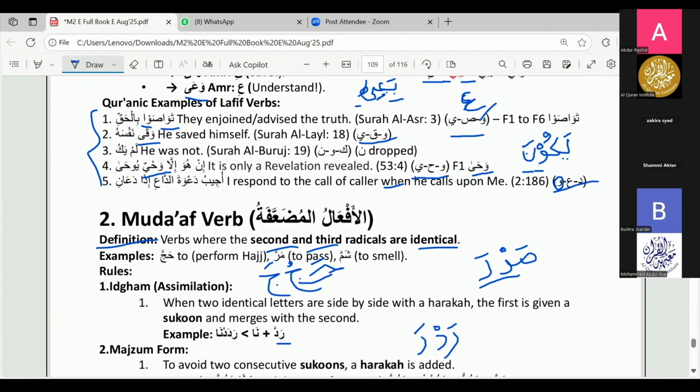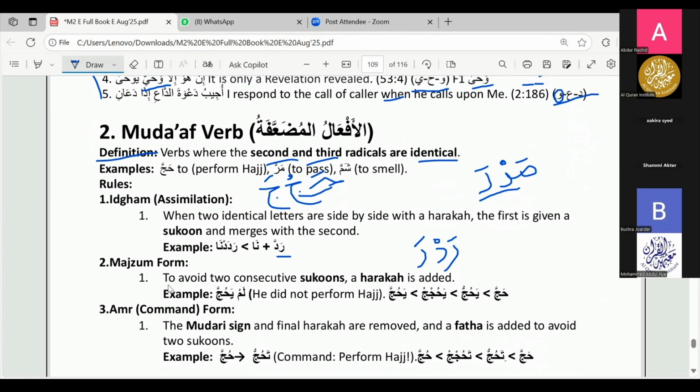Now, let's look at some rules. For idgham, we know assimilation is when they join together. So here, radda plus na, which is the attached pronoun, so it is radadna. When two identical letters are side by side and with a haraka, the first is given a sukun, like radda.